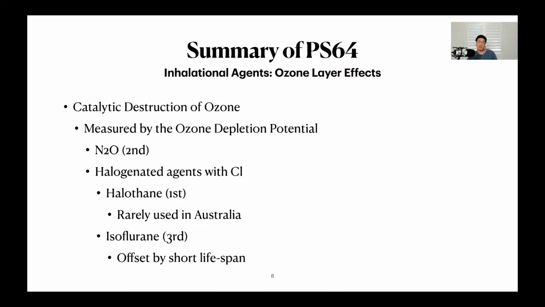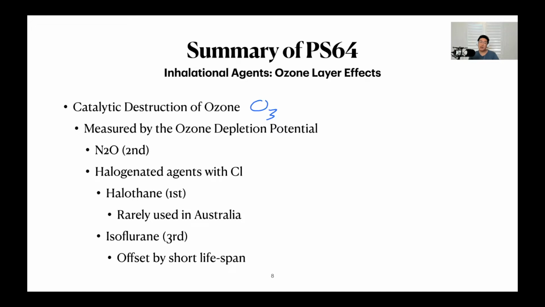Now, we're first going to start off with the ozone layer effect. So these are based just on inhalational agents, and it involves the catalytic destruction of the ozone layer. So the ozone layer is O3, and it's designed to absorb the sun's ultraviolet radiation. Now, the destruction is measured by what's called the ozone depletion potential.